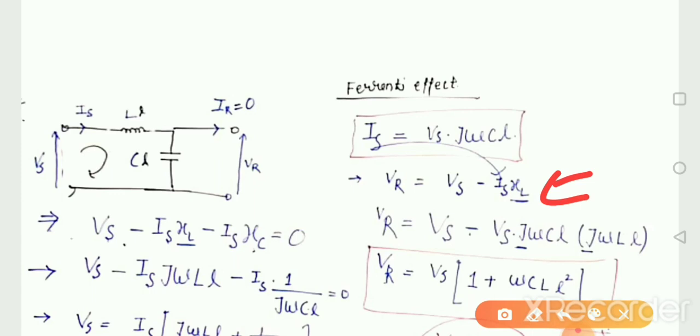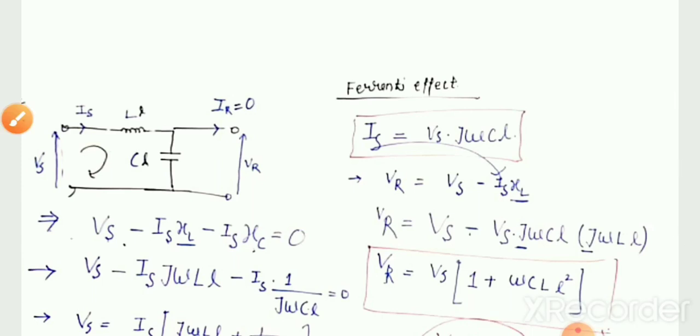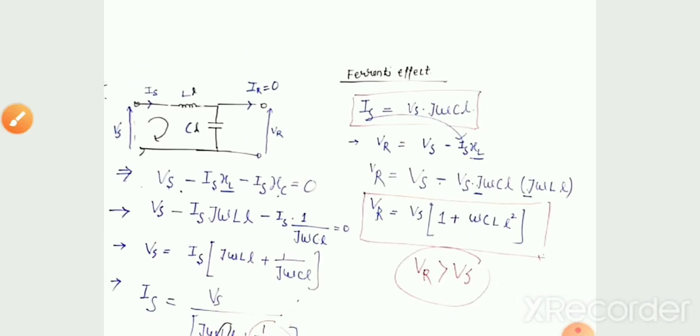Now if we take Vs common and put the value of j square equal to minus 1, our term becomes Vr equal to Vs into (1 plus omega square c L into l square).